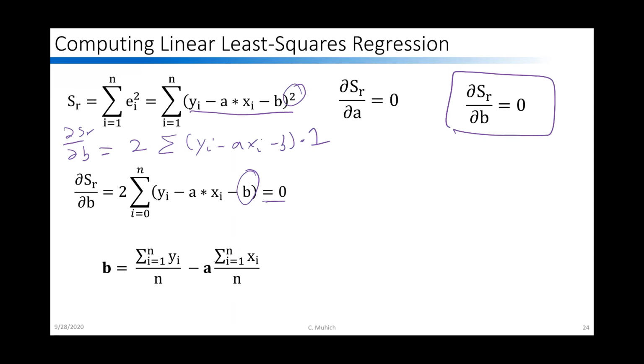So taken together, I have an equation. I first solve for a using the equation on the previous slide. I can then substitute it into the equation here for b, and I have the fit of my line that's going to give us the minimum error for the entire system.